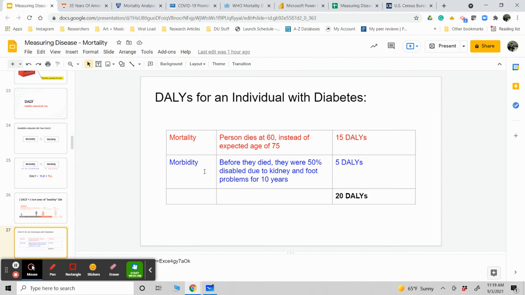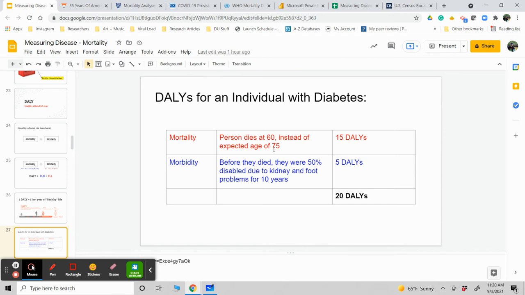But before they died, they were about 50% disabled due to the kidney and foot problems associated with diabetes. And they had this disability for 10 years. So 50% disabled over 10 years, they lost 5 DALYs. So this individual lost 20 total years of healthy potential life due to diabetes.